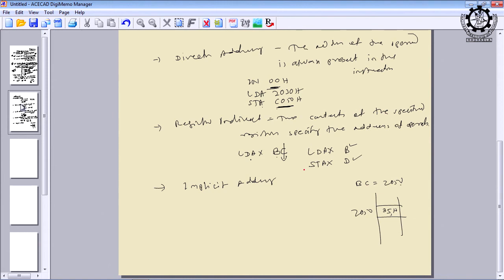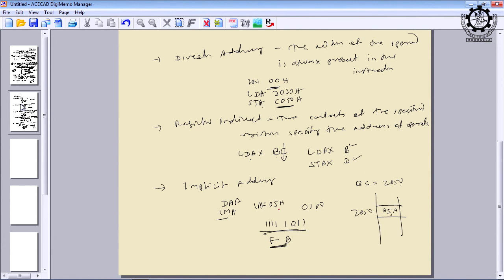Similarly, implicit addressing, example DAA, decimal adjust accumulator, CMA, complement accumulator. For example, 05 is the current data of the accumulator, and after executing CMA you will get 1111 and 5 means 0101, so 1010. What is the value now? FA.